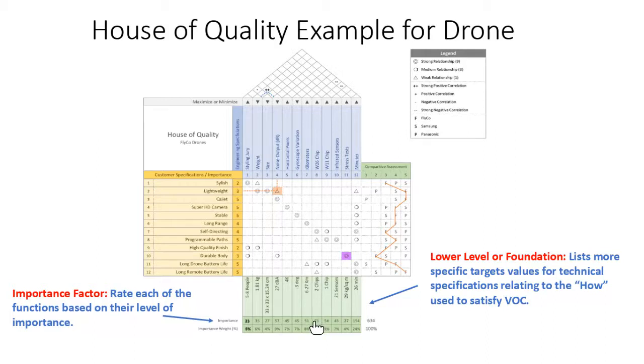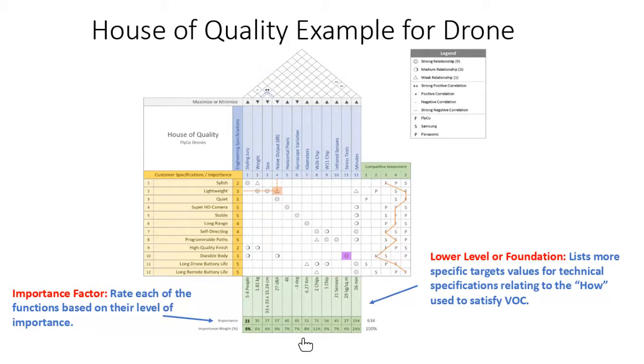And now your engineering team, this is why they call it the voice of engineering, the lower level or the foundation. Now they can identify what is the most important to focus on based on this side, the competitive assessment, and this table.